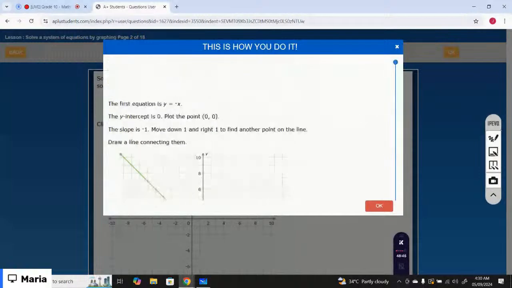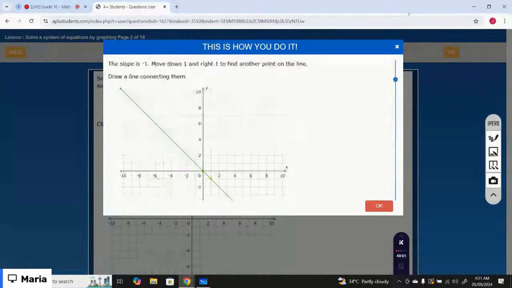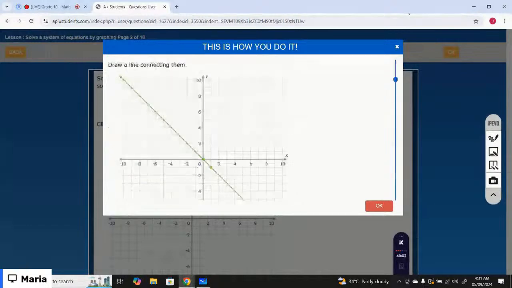So y equals -x, right? Sorry, the y-intercept is 0 and the slope is -1, right? So that means you need to move down one and right one. So you have 2 points here. The y-intercept is 0, so that is the origin. And you move down one and right one, so here is another point. So just make a line.